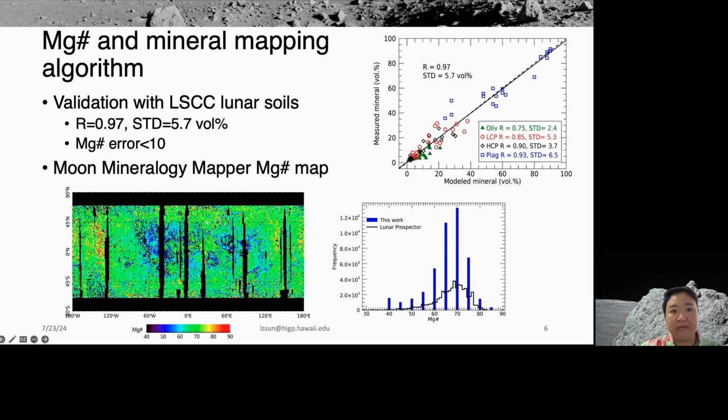On the left bottom is our mapping result, and on the right, the histogram shows a value comparison with the Lunar Prospector result, where the black is from Lunar Prospector, and our work will be kind of discrete because it's limited by the data and the CPU of the computer. We can see the correlation between our data and the LP is great, which both have the same peak and distribution along the entire value range.